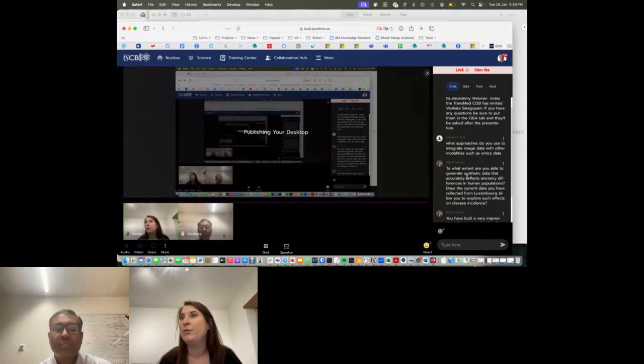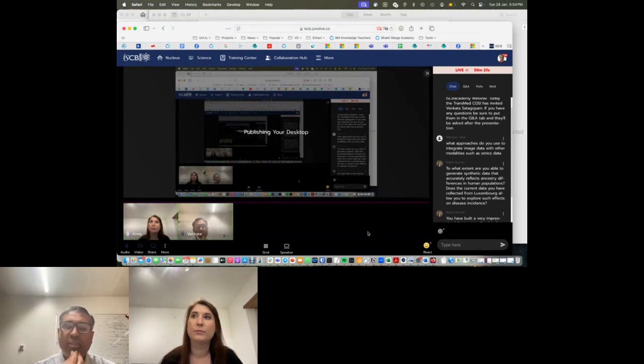What approaches do you use to integrate image data with other modalities such as omic data? Thanks, Mansoor. For the imaging data, we are converting it into features first, with processing, anonymization, and all those things. Then we go into approaches like deep learning and transformers, and even starting with SNF.